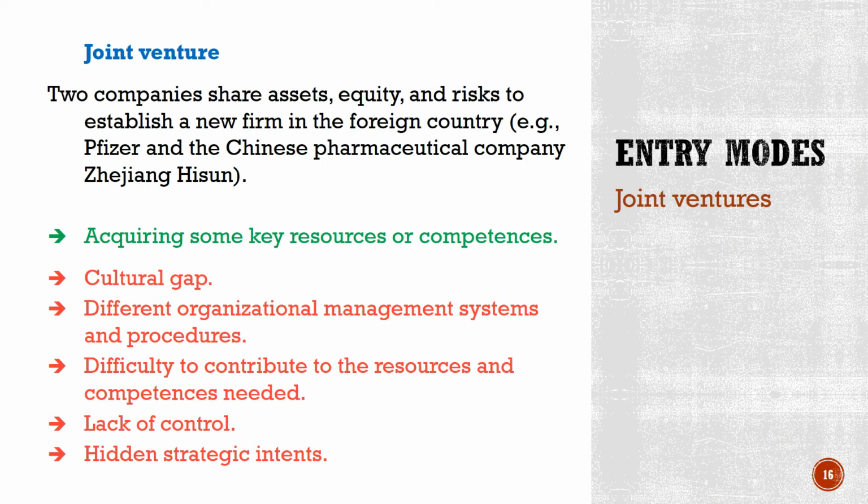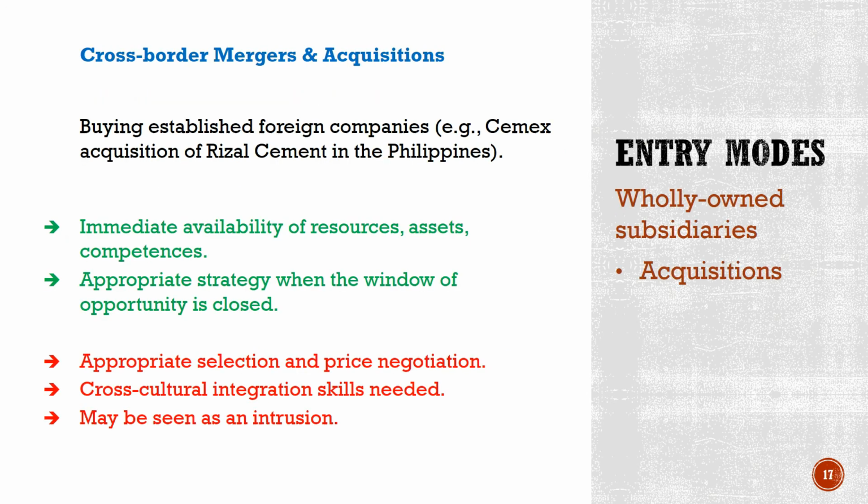It is created when two companies share assets, equity, and risks to establish a new firm in the foreign country. In this way, both companies share resources and reduce investment and risk. However, cultural differences, lack of control, and hidden strategic intents are potential drawbacks of joint ventures.